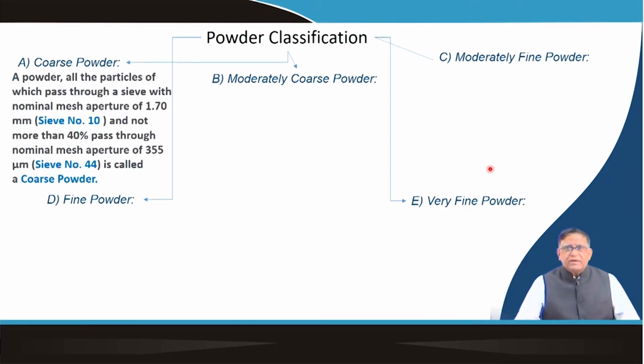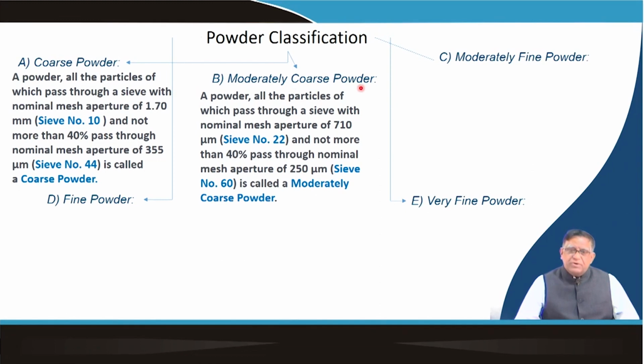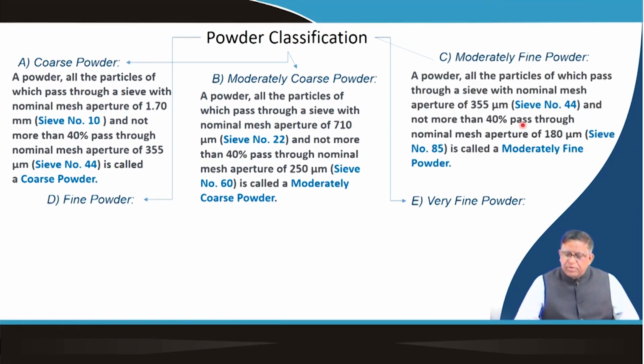Now, for coarse powder, it passes exactly through sieve number 10, and whatever is retained in between sieve number 10 and sieve number 44, that is your coarse size. Similarly, moderately coarse powder is retained between your 22 size and the 60 size, and moderately fine powder between 44 size and 85 number, depending on the number.